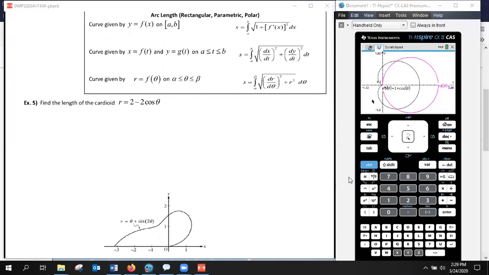Let me move this out of the way. I know you guys can't see the group chat on there. Go back to tab. I actually don't have this in there. So 2 plus 2 cos theta. You know I said it. So 2 plus 2 cosine of theta.